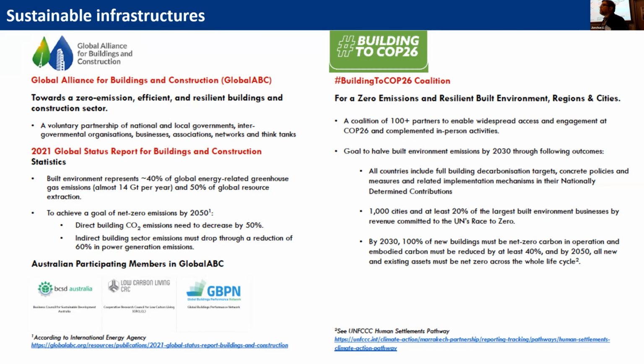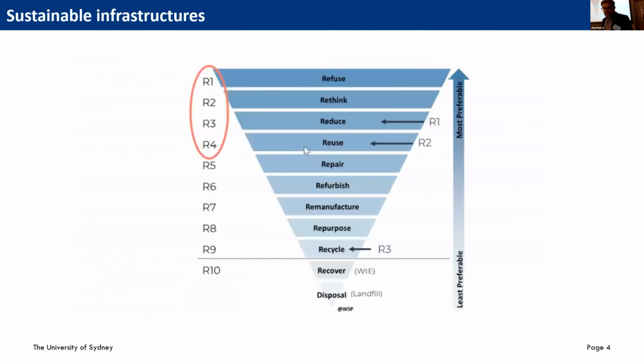40% of global emissions is related to the built environment. So it plays a very important role in terms of global warming. One of the aspects that we talk a lot about is obviously recycling, but recycling is one of the last priorities in terms of sustainability.